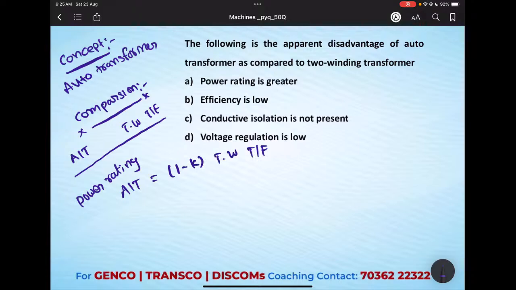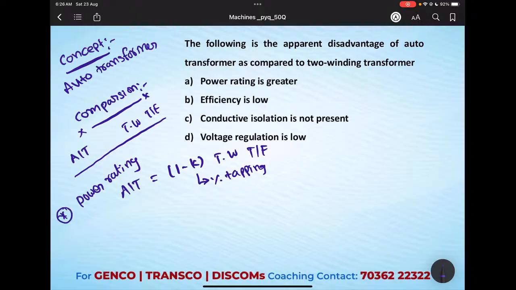You might have studied in your theory classes, so I am not going in depth into that, where k is the percentage of tapping. Clear? Okay, so this is about power rating. So this is the first comparison we are having.